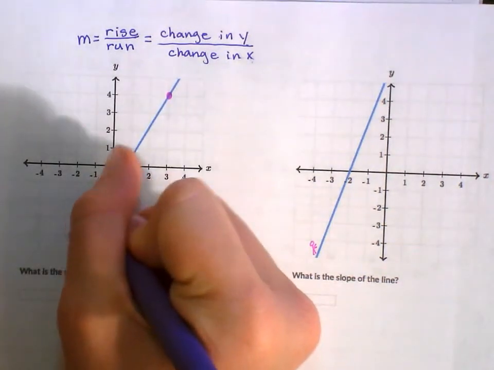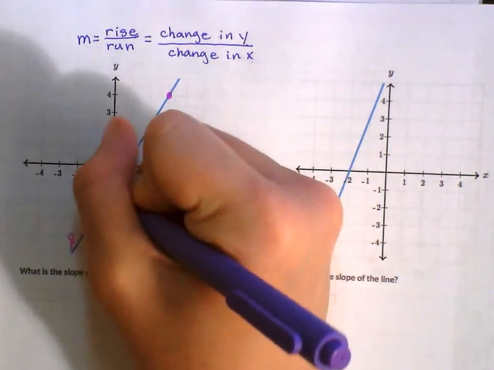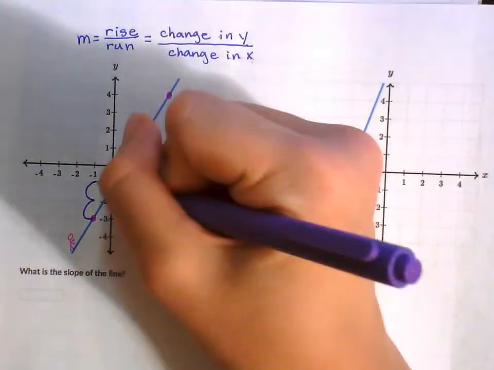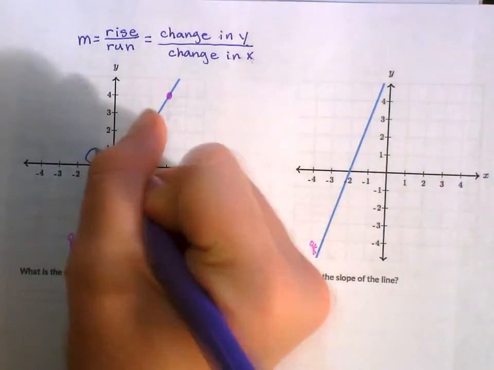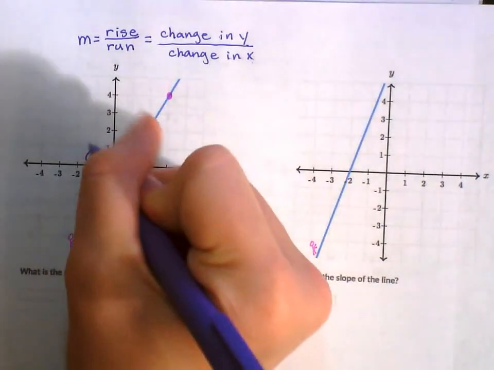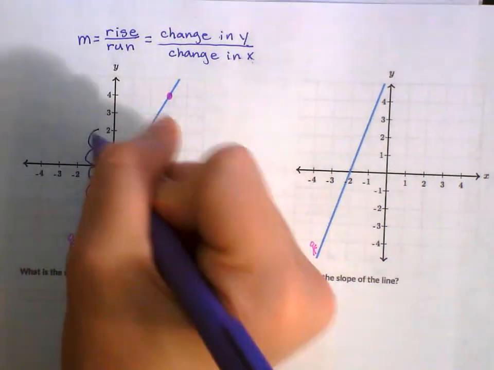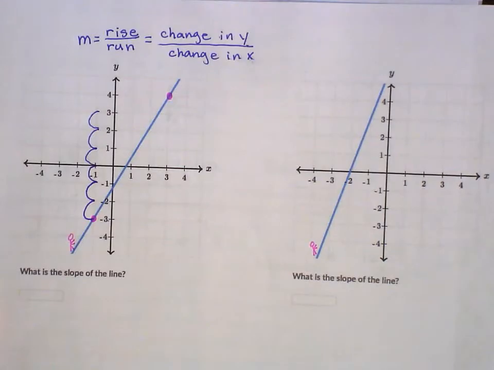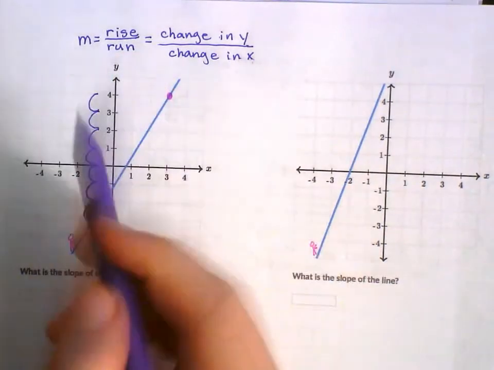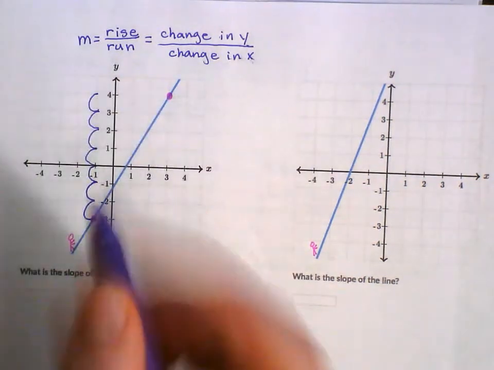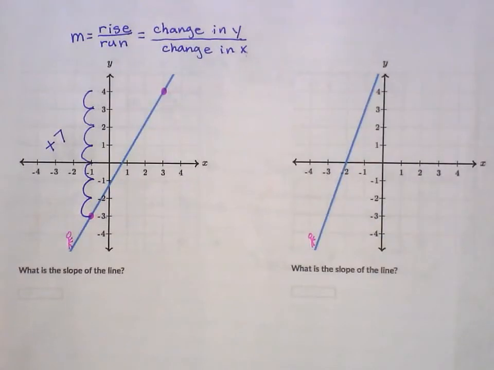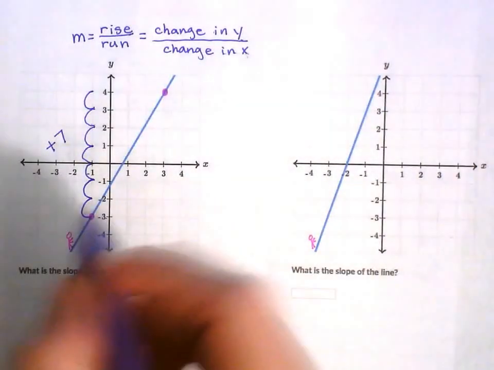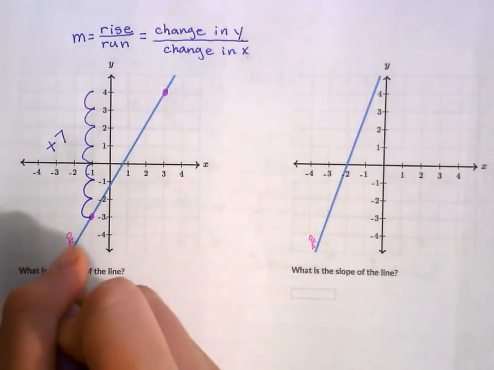Okay, 1, 2, 3, 4, 5, 6, 7. Okay, so now I'm at the y value where the other one is. So we jumped up 7 jumps. Okay, so we rose. We rose 7.